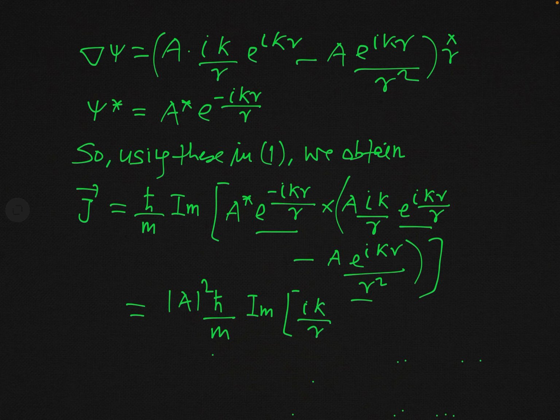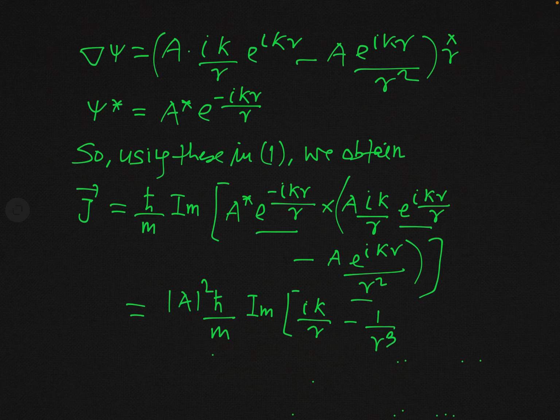And so our result is ik over r minus 1 over r cube.